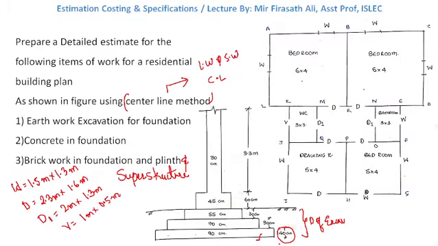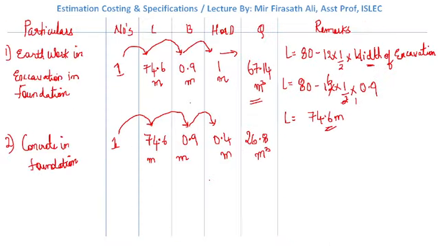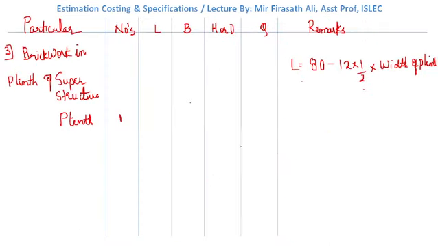It is 45 centimeter. So, insert this in the formula. Length is equal to 80 minus 12 into 1 by 2 into 0.45. If we solve this, the value of length will be 77.3 meters.